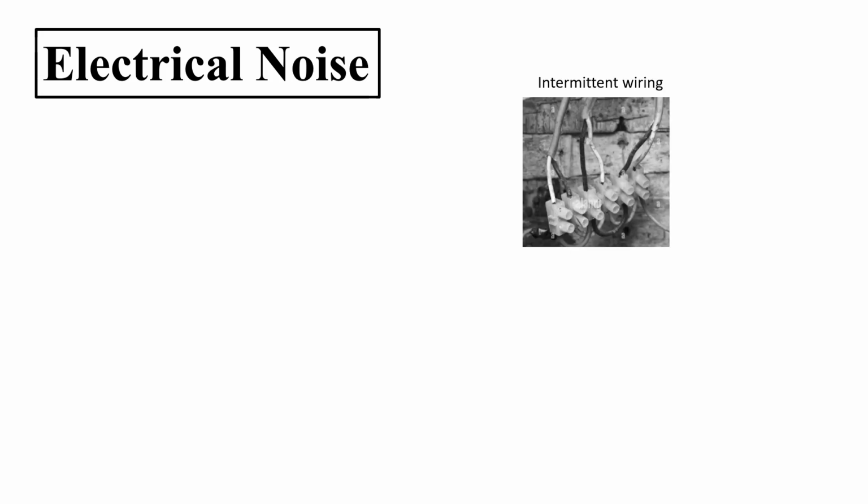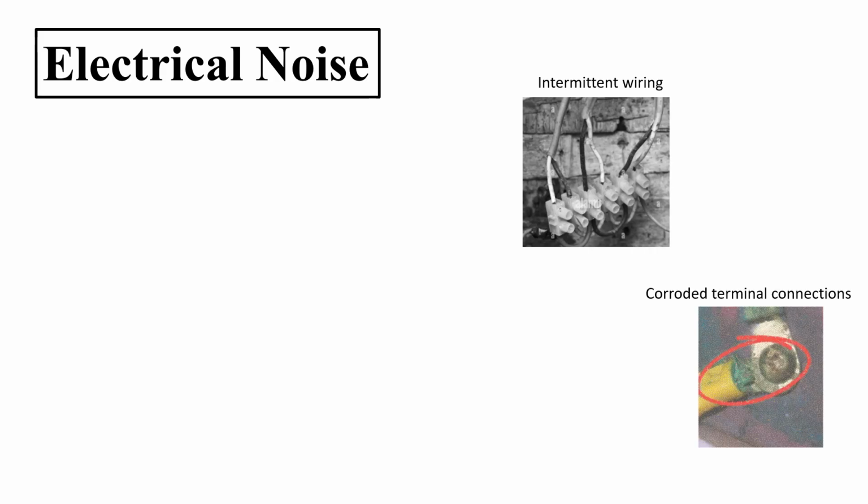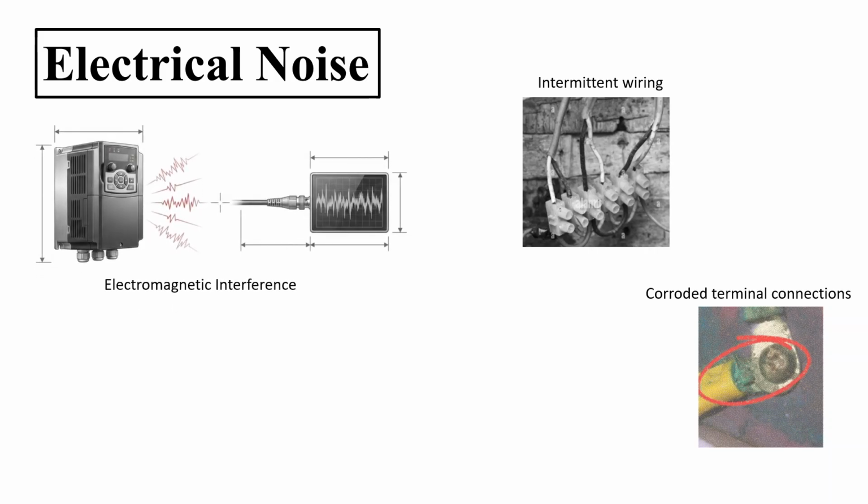The second is electrical noise. This one's common and sometimes tricky to diagnose. Intermittent wiring, dirty or corroded terminal connections, or electrical interference from nearby equipment. Think variable frequency drives, VFDs, or radio transmitters.